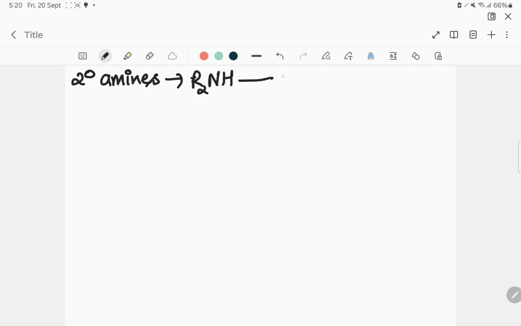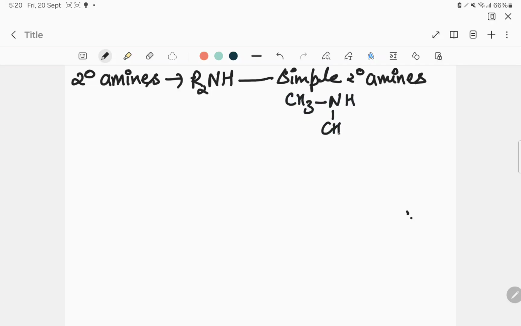It can be further classified into simple secondary amines. In simple secondary amines, both the alkyl groups will be the same, like CH3 and CH3.